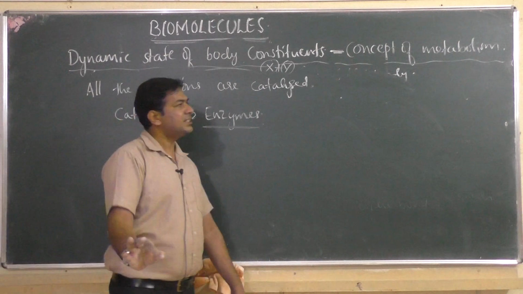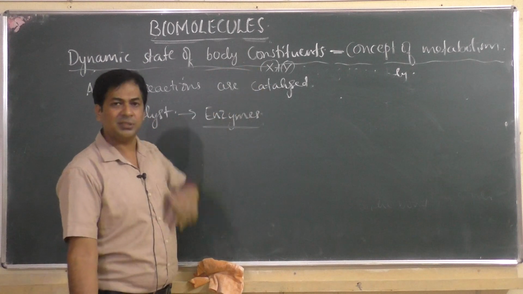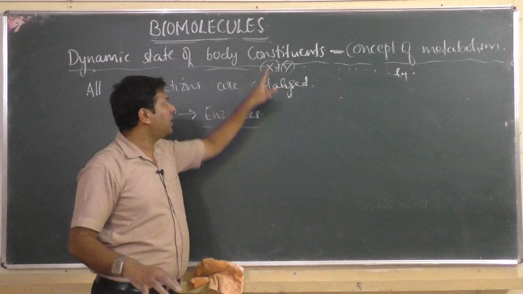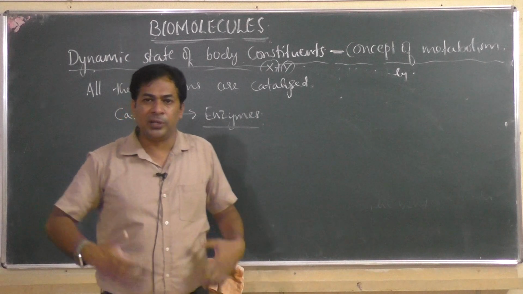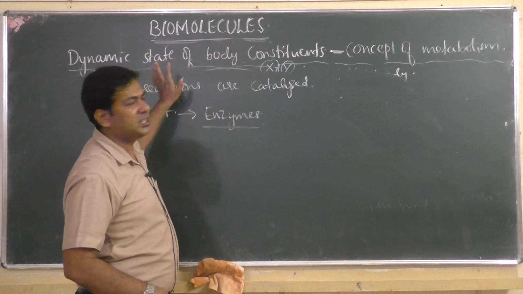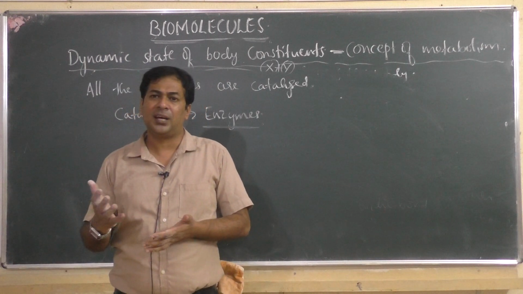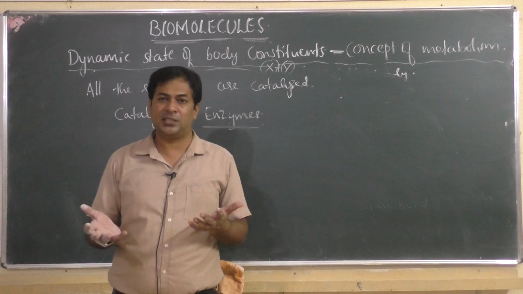So finally, what is the meaning of this dynamic state of body fluids, body constituents? Body constituent means they are talking about biomolecules. What all biomolecules are there? Dynamic state means one biomolecule changes to other biomolecules and it will be happening continuously.